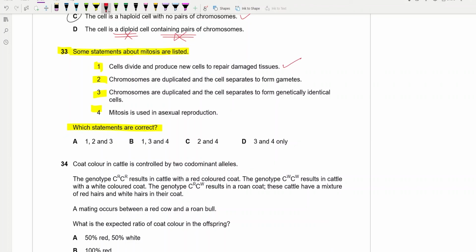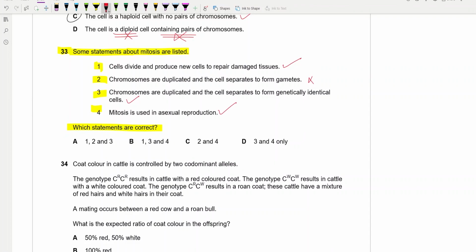Statement 2 says chromosomes are duplicated and the cell separates to form gametes, which is wrong. Statement 3 says chromosomes are duplicated and the cell separates to form genetically identical cells, which is correct. Statement 4 says mitosis is used in asexual reproduction, which is correct.